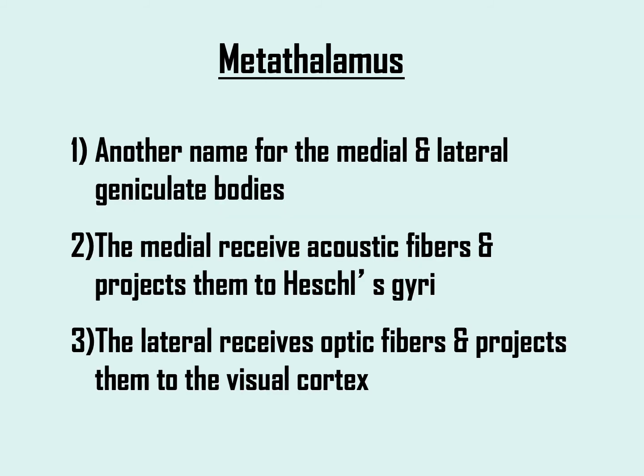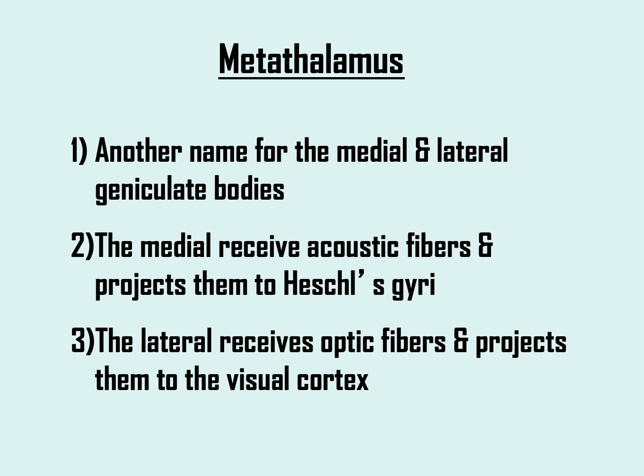The metathalamus. Again, I really hope you know what that is by now, because I covered it so extensively when we were going over evoked potentials. It is another name for the medial and lateral geniculate bodies. Please make sure you know that. They are oval-shaped swellings that both receive and send fibers.